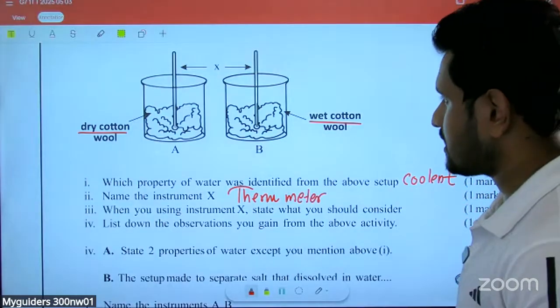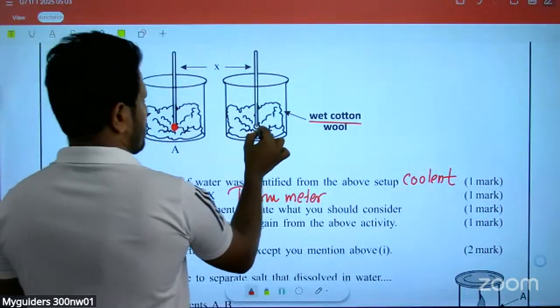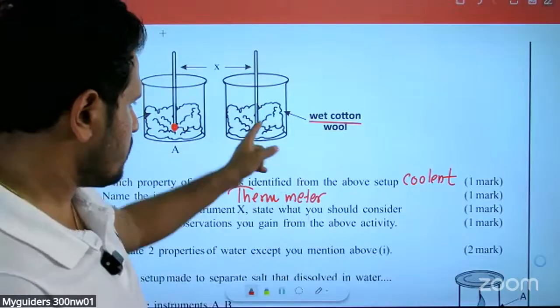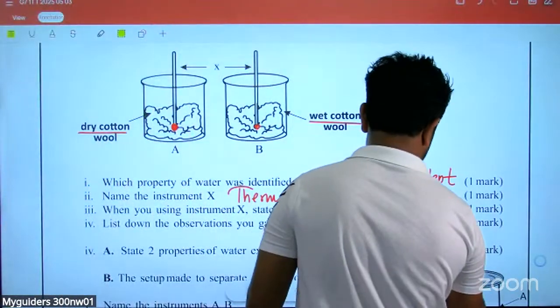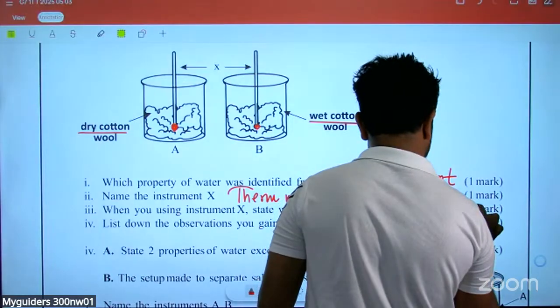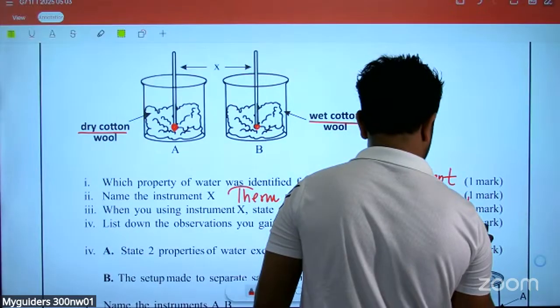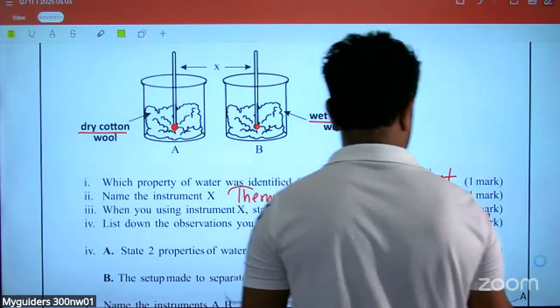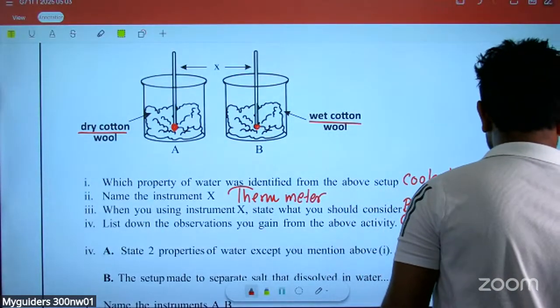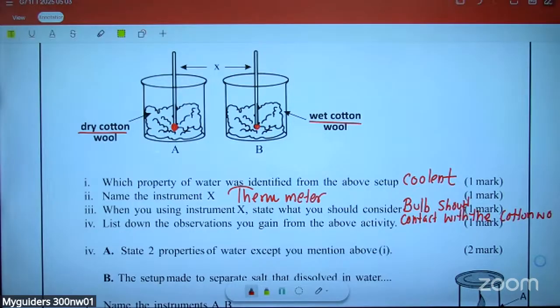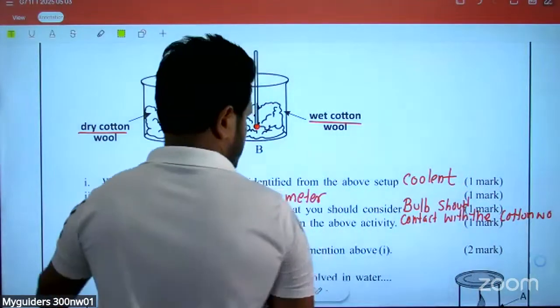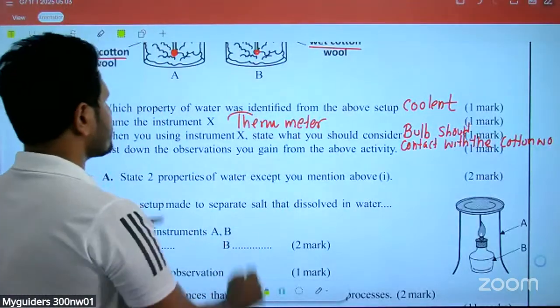What you should consider is this bulb. The bulb should contact the cotton wool. So the bulb must definitely be in contact with the cotton wool.